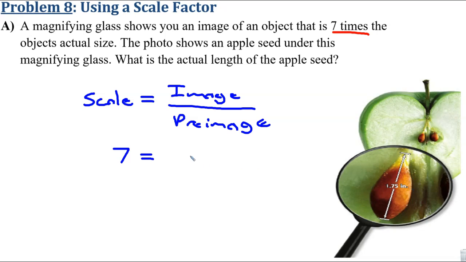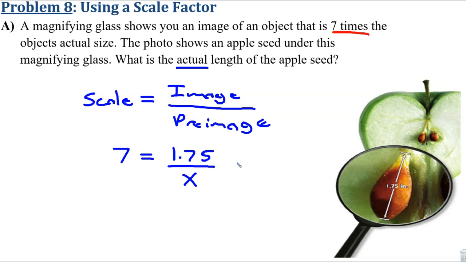Okay, that's the seed after it's been blown up. So for the image, I'm going to fill in a 1.75. And then what I'm looking for in this one, when I want to know the actual length, that's my pre-image. We'll call that the x. Okay, anytime you see actual in a story problem like this, that should tip you off that you're talking about the pre-image.